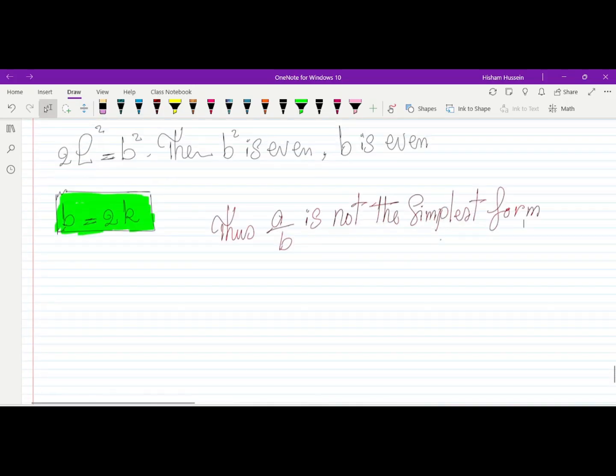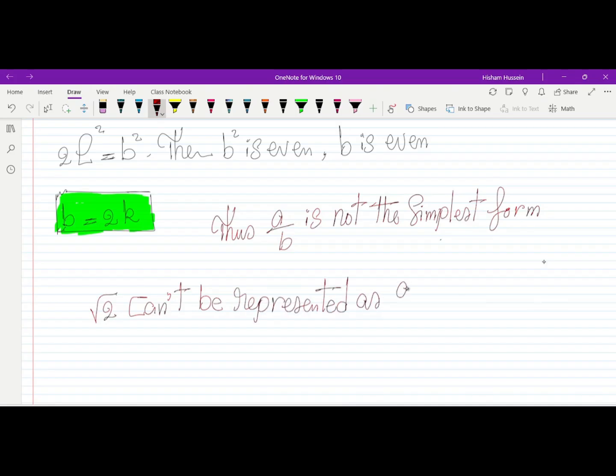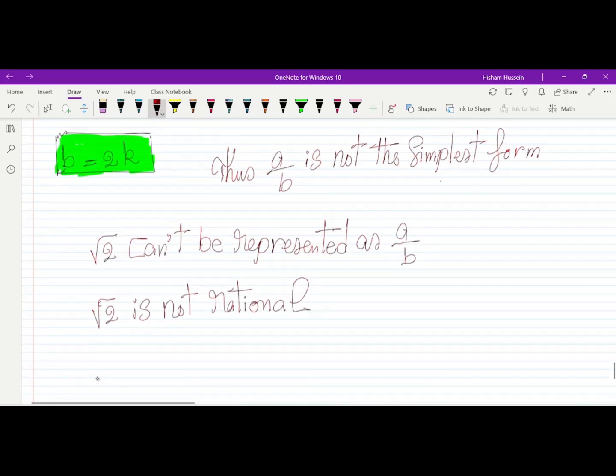So this means that root 2 cannot be represented as a divided by b, which means that root 2 is not rational, or in other words, root 2 is irrational.